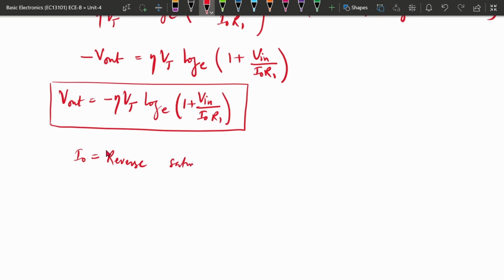Its magnitude is in nanoamperes. So that means I naught is very small.